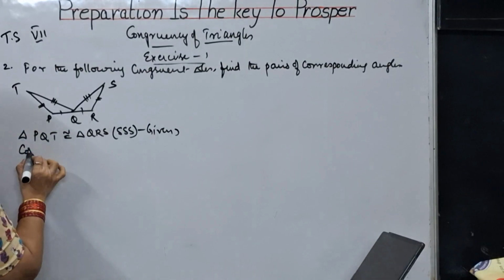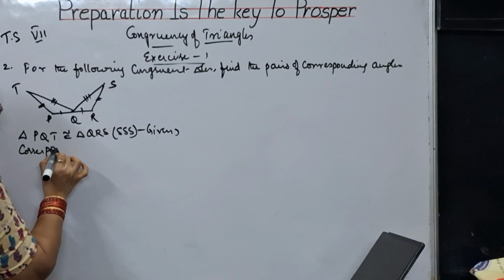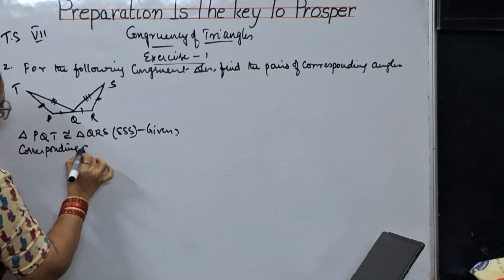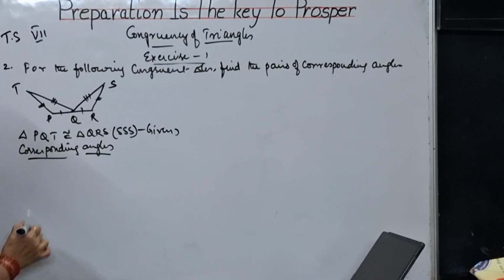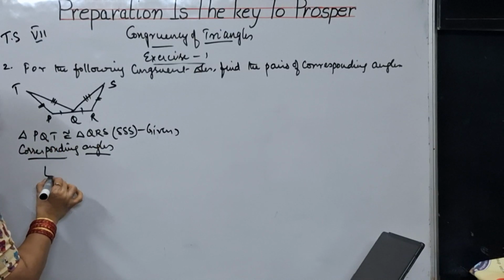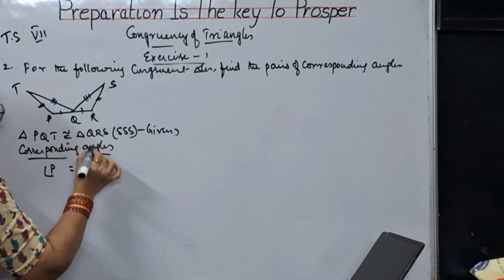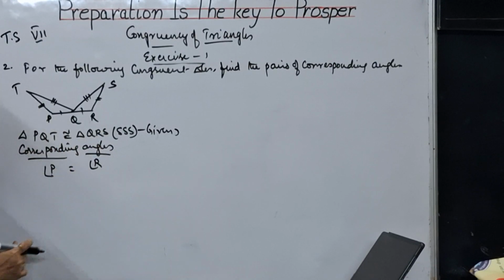So we need to find out the corresponding angles. So what are corresponding angles? In PQT, angle P is equal to angle R. They are corresponding angles.